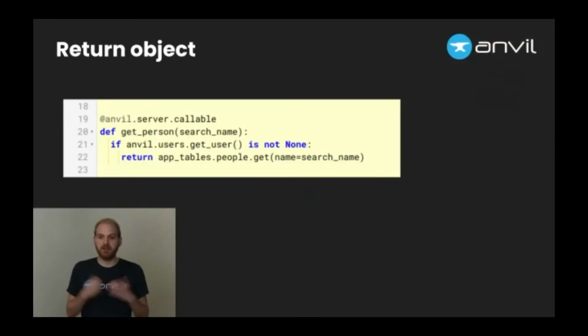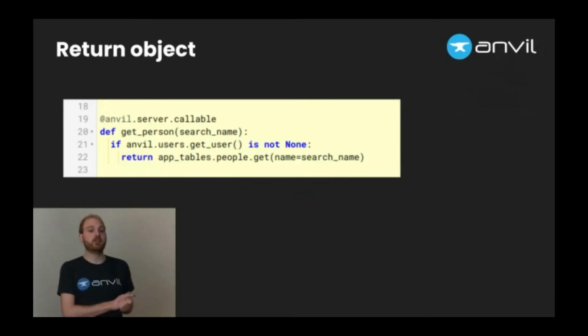With this model, this allows us to do cool things. For example, we can return these objects from server code. So here's a server function that gets a person by name. What we do here is we check whether there is a user logged in. This is using Anvil's built-in user authentication system. I don't even have time to talk about it today, but it's really cool. You can check it out in the docs.